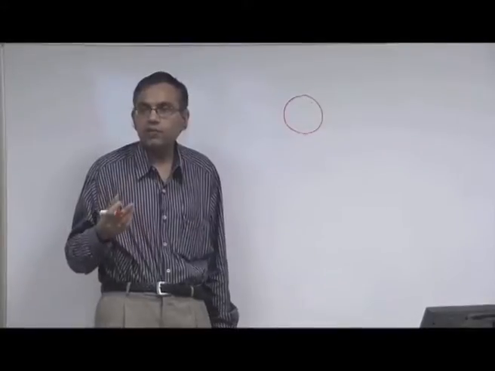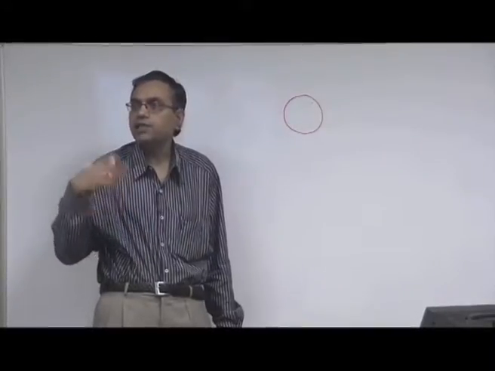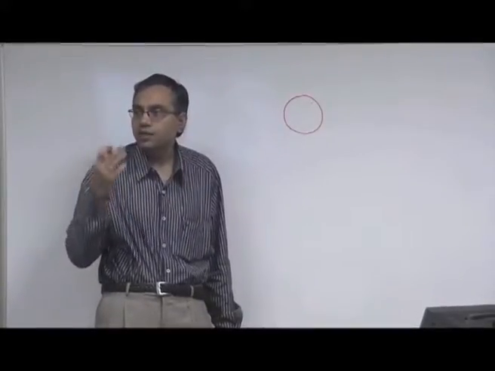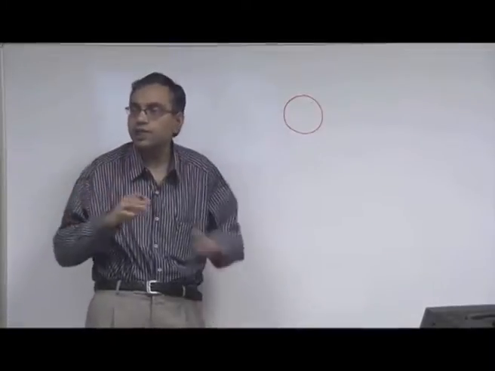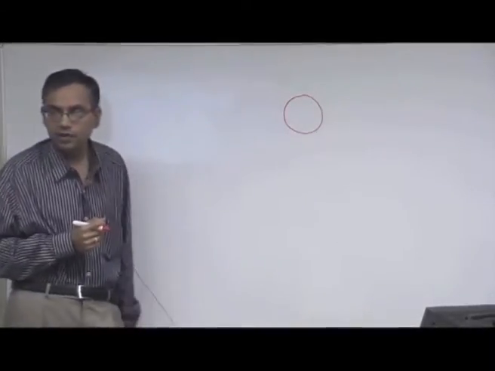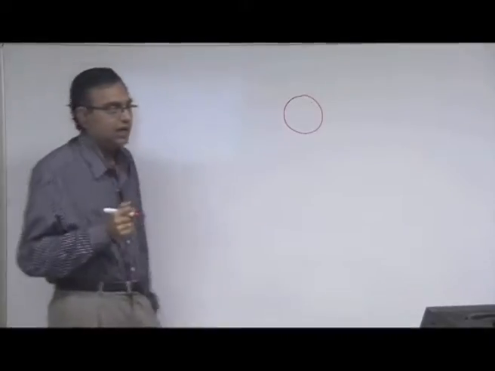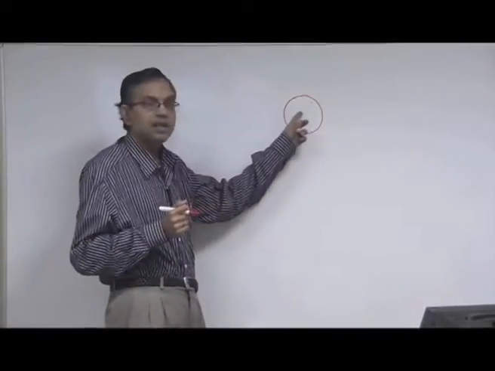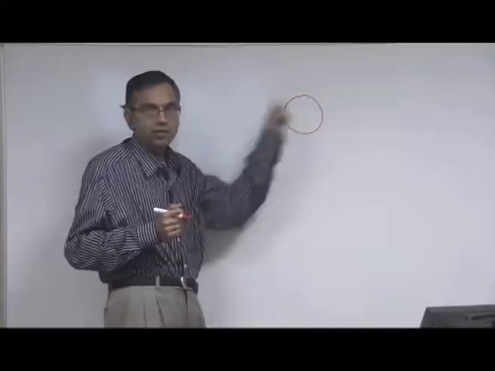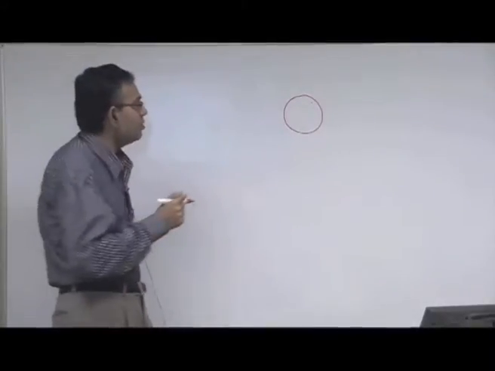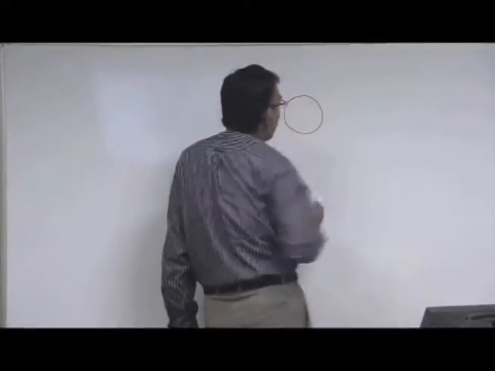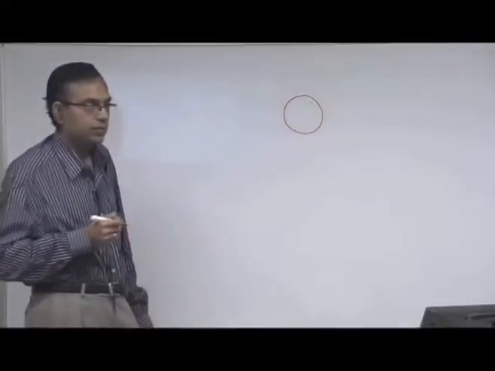It does not matter whether the fluid is stationary and the sphere is moving, or the sphere is stationary and the fluid is moving, because it is the relative velocity that matters. So, let us say that the sphere is stationary and the fluid is moving past it, and the Reynolds number based on the diameter of the sphere is low.